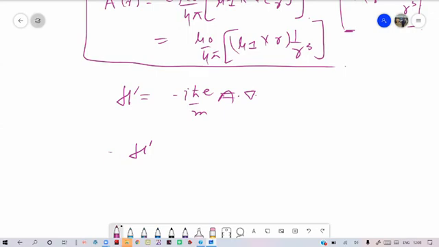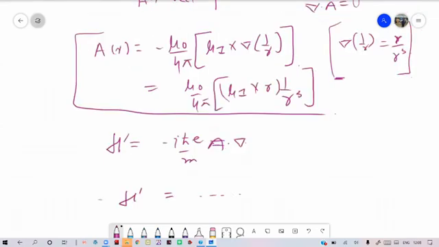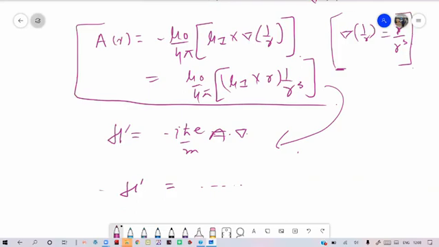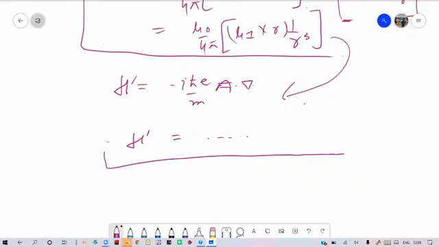H dash equal to, by using A here, and you can use that, of course, mu_I, that is g_I m_I mu_n, here. So I will see this tomorrow and we will continue from here tomorrow.